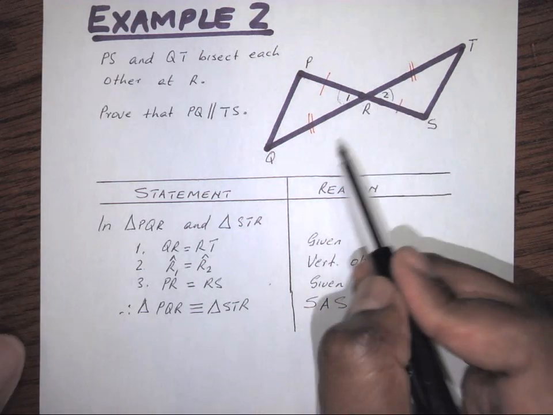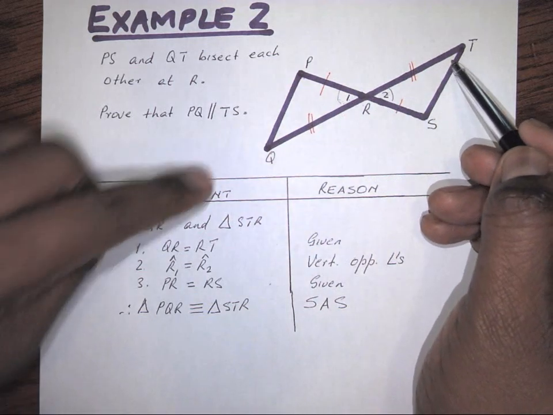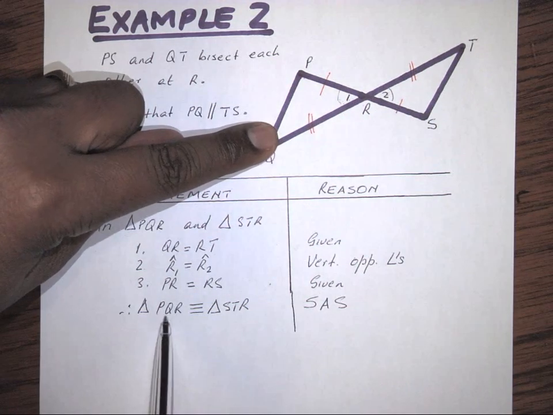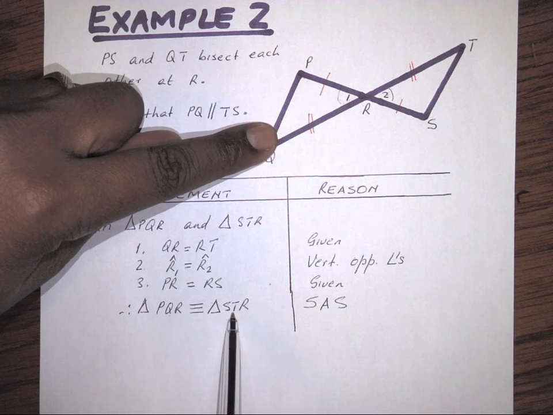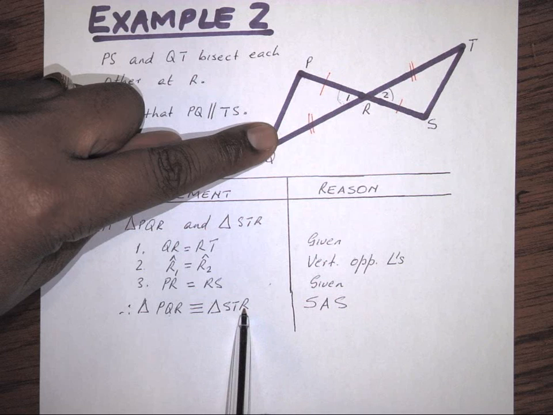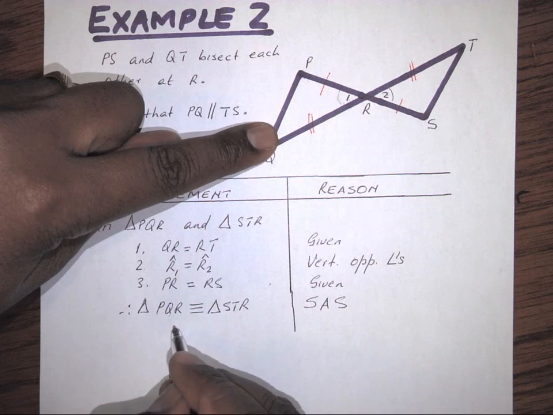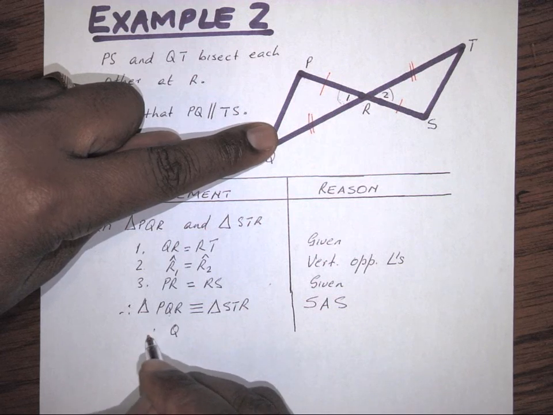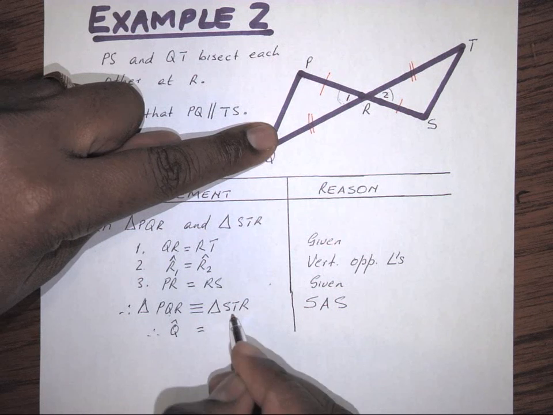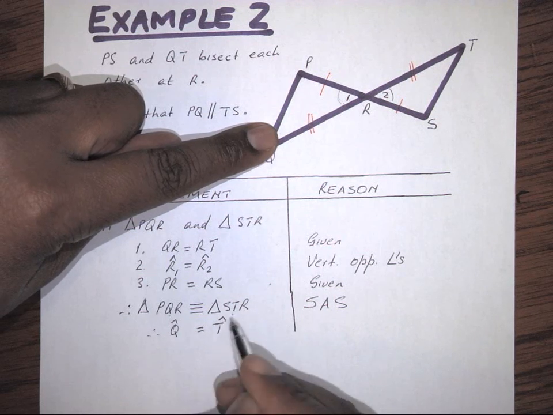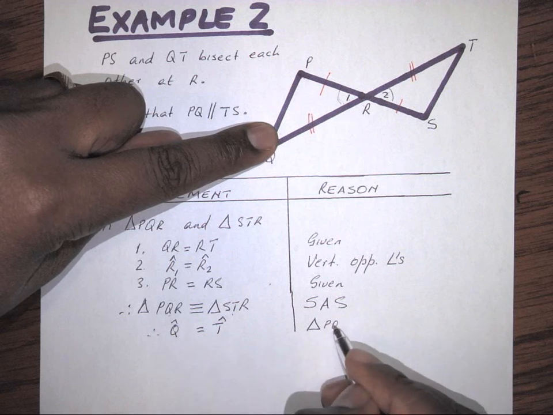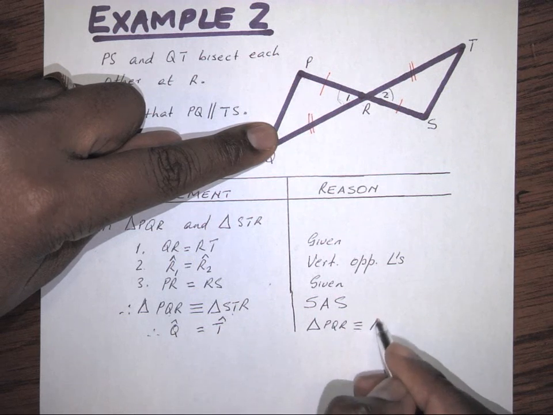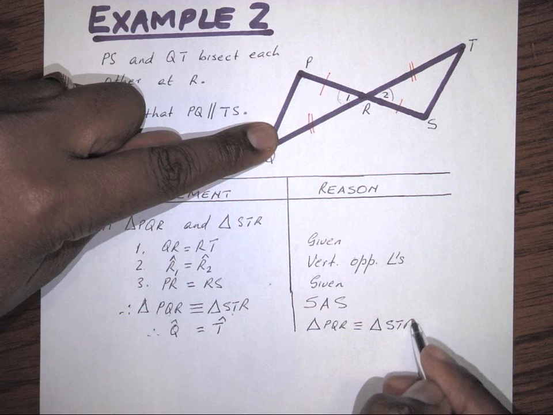Now let's check whether this angle is equal to that angle. We can see here angle Q is in between the two, and angle T is also between the two. So we can write angle Q is equal to angle T, because the two triangles are congruent, because triangle PQR is congruent to triangle STR.